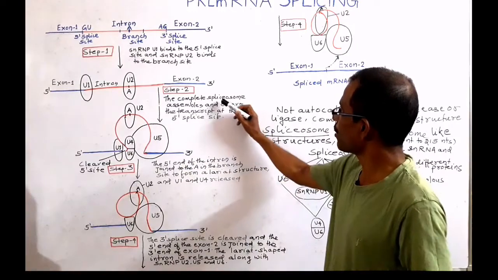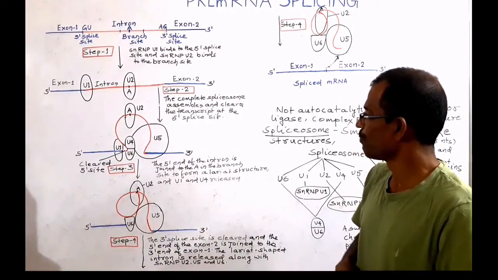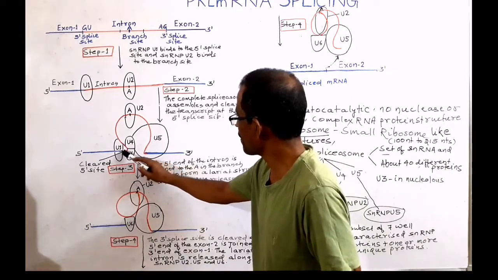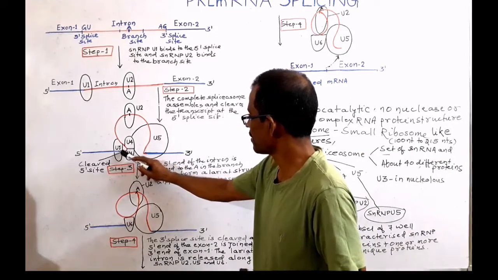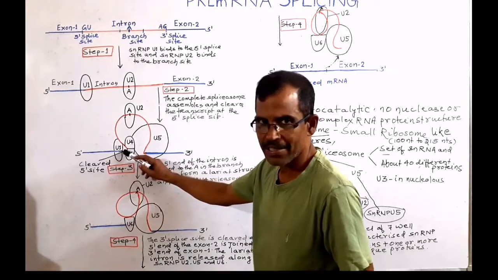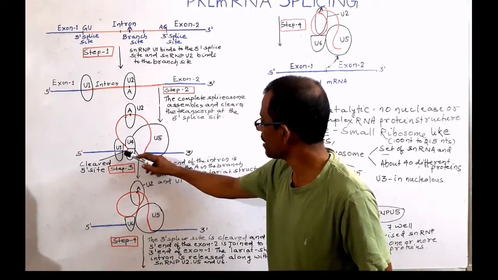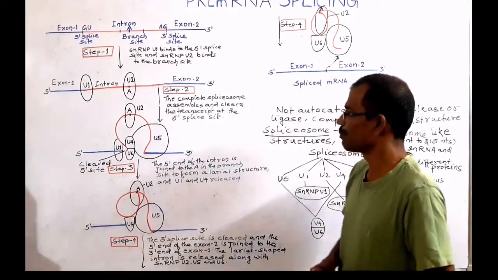After assembly of the complete spliceosome, the spliceosome cleaves the transcript at the 5' splice site. This 5' splice site has been cleaved by the spliceosome.